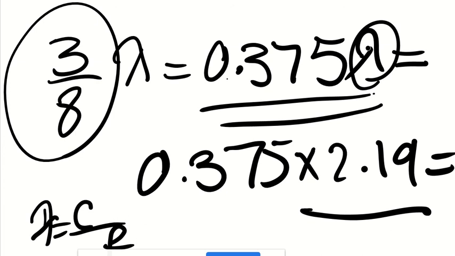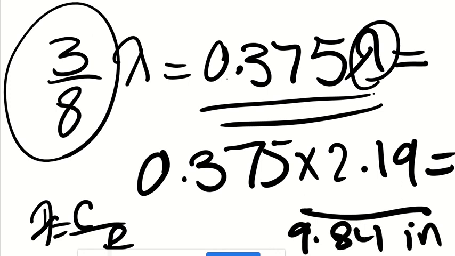Once you calculate your lambda, you multiply by 0.375, you get the length of your transmission line, which is 9.84 inches.